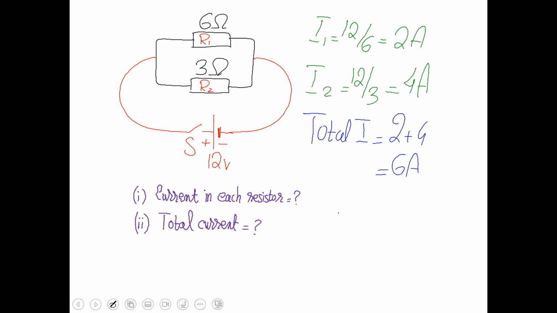So R is equal to V upon I. In parallel, voltage is the same. So one resistor is getting 2 ampere current. One resistor is getting 4 ampere current.